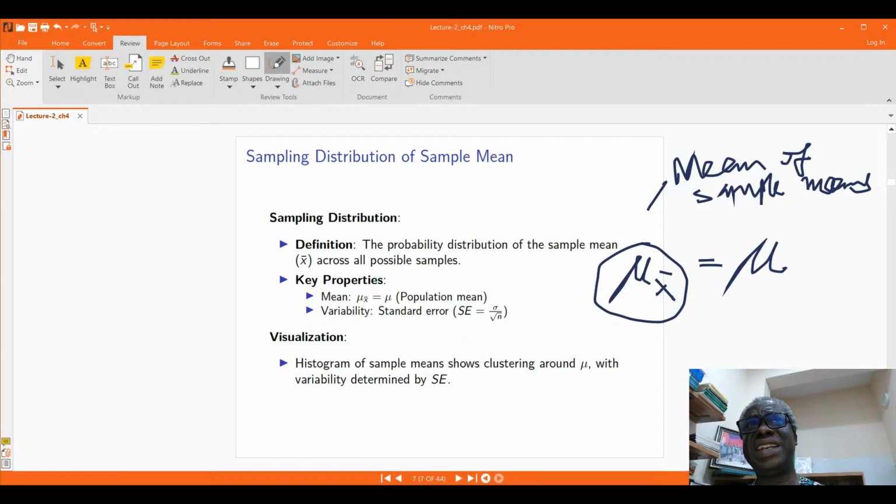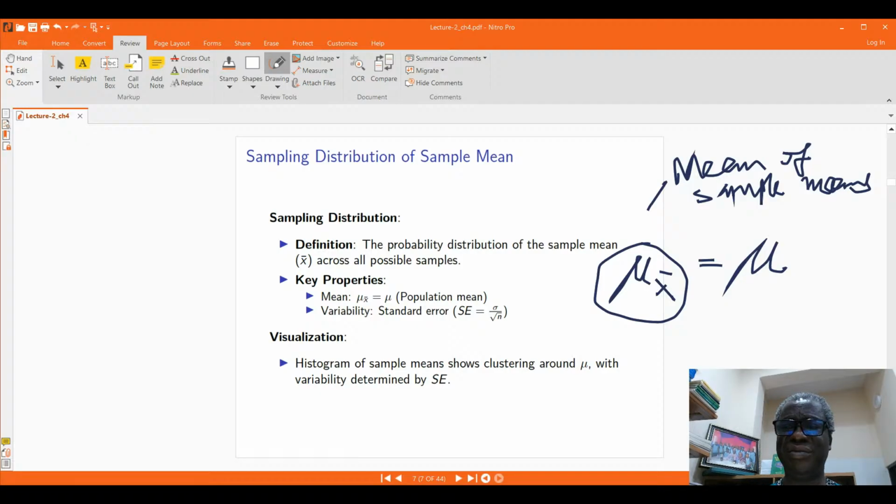One major property of the sampling distribution of the sample mean is that the standard error is equal to the population standard deviation divided by the square root of the sample size. So this is the result.